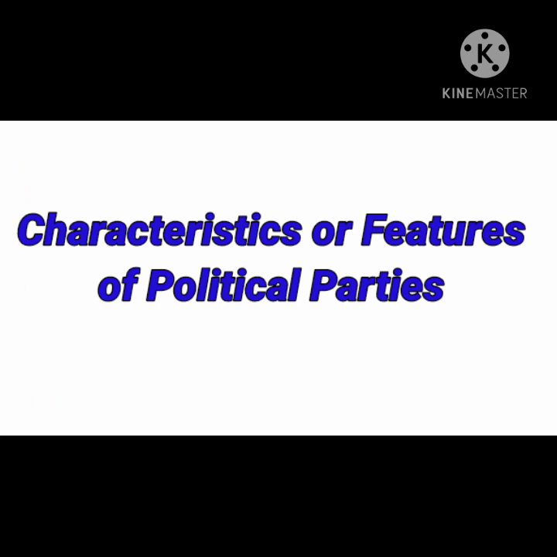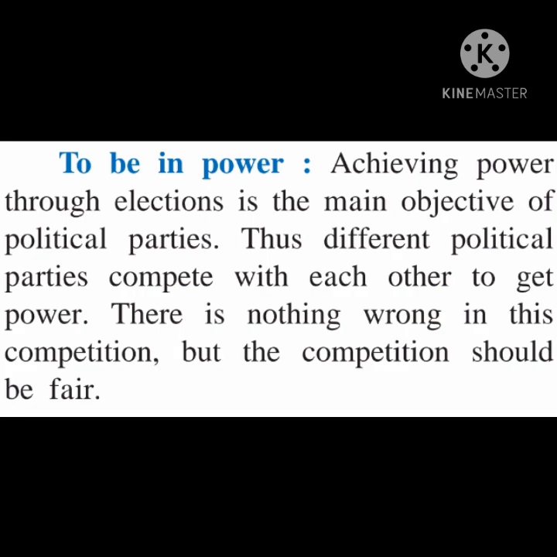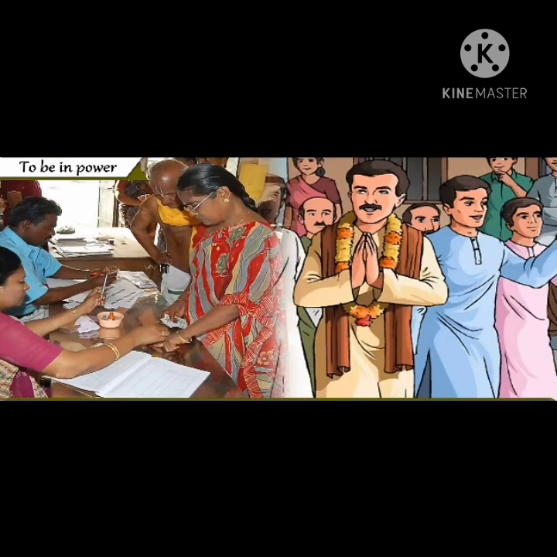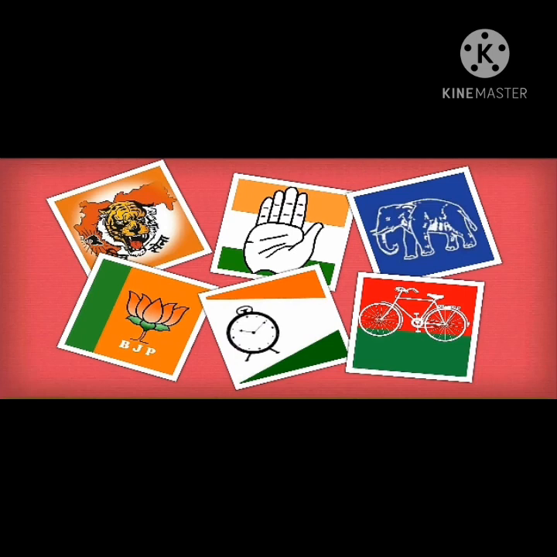Now let's see the characteristics or features of political parties. The first one is to be in power. Achieving power through election is the main objective of every political party.